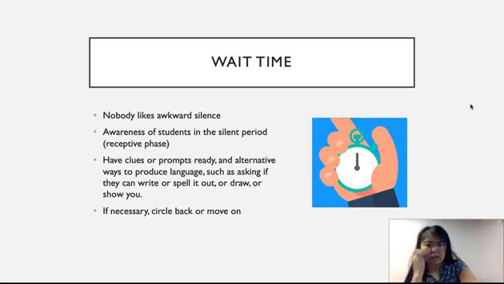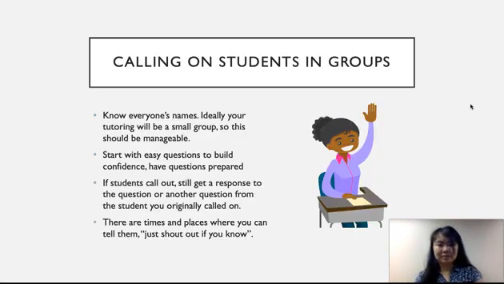And so giving more wait time in the silent period will just result in you guys staring at each other, and it may raise that affective filter, like, oh, this is awkward, and I know it's awkward, but I don't know what they want, and I don't even know how to ask them to repeat it. So awareness of that, having clues or prompts or alternative ways of answering ready, like, would it help you if you spelled it out, or can you sound it out? So breaking it down, scaffolding for success in that. And then if necessary, circle back or move on.